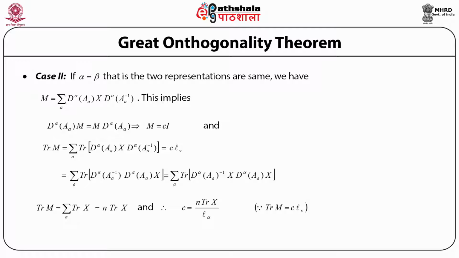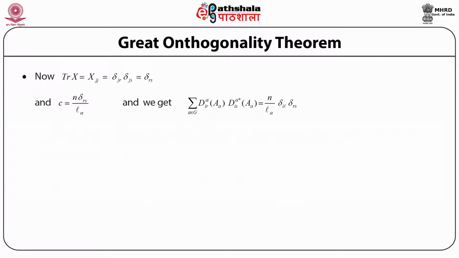So therefore the trace of M is equal to C times L alpha, which is equal to the trace of D alpha(A inverse) D alpha(A) X, which in turn is equal to the trace of D alpha(A inverse) X D alpha(A). Therefore the trace of M is equal to n times the trace of X. Therefore C, the constant where M is equal to C I, is n times the trace of X divided by L alpha, where L alpha is the dimensionality of the irreducible representation and n is the order of the group.